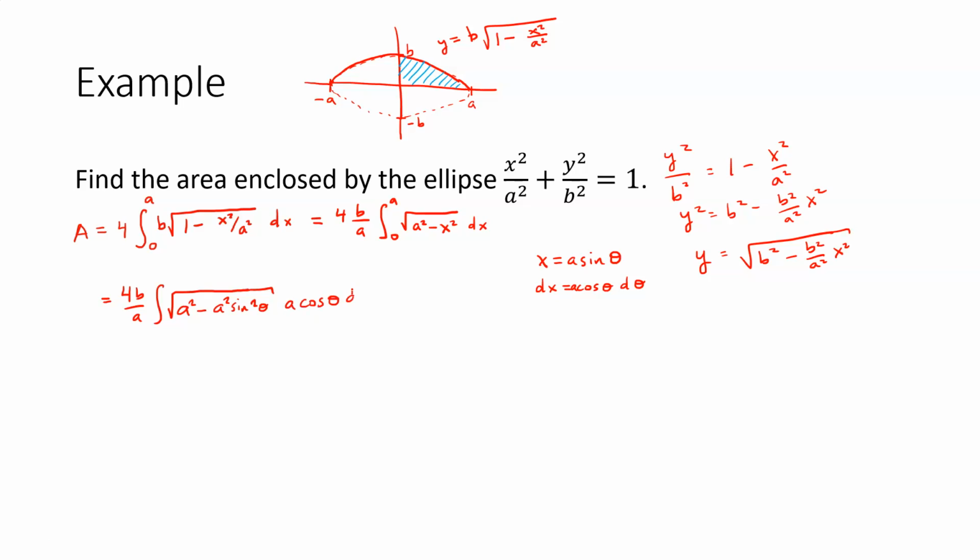Notice we're changing to the variable theta, so our limits of integration should change to reflect the new variable. So let's think about what those new limits of integration would be. Our old limits of integration were x equals 0 and x equals a. So when x equals 0, what do we get for theta? Well, let's put in 0 for x here.